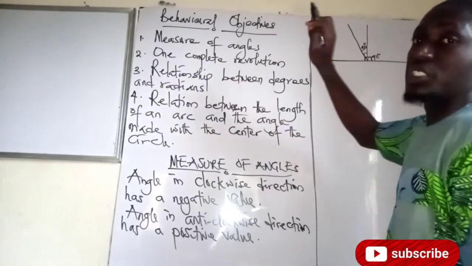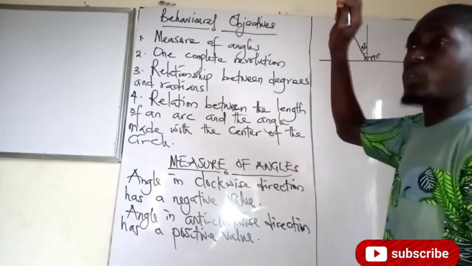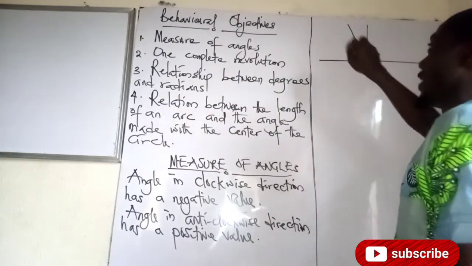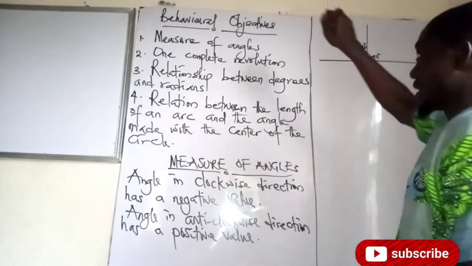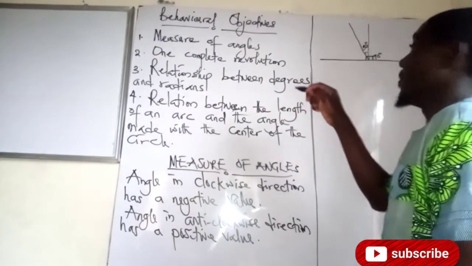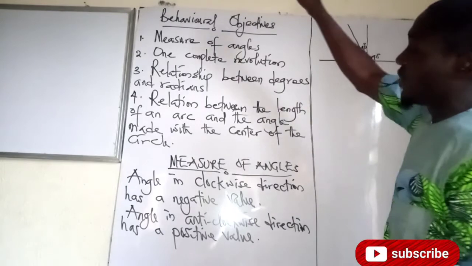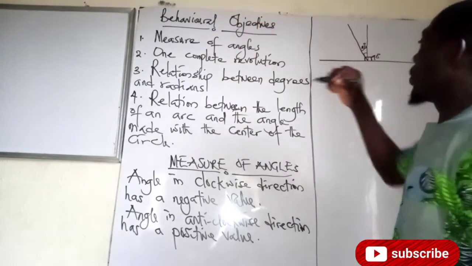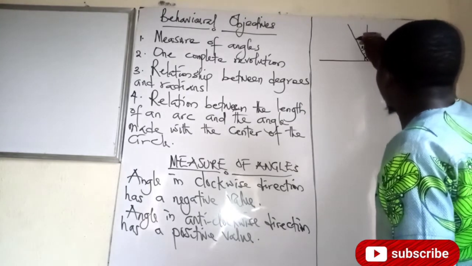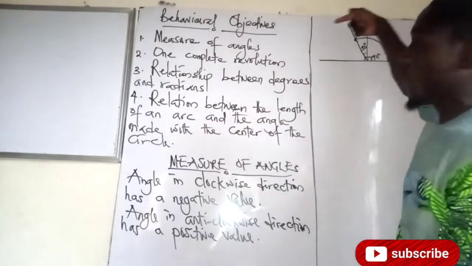The hand that reads the seconds, the minutes, the hour, they all move like this. That is what we call clockwise direction. But if it is anti-clockwise, it will move in the reverse order.